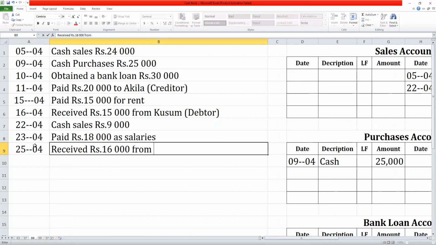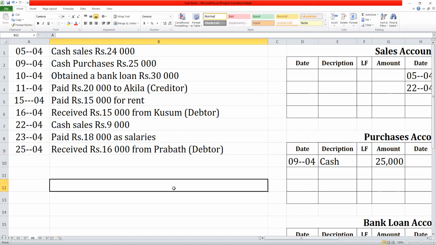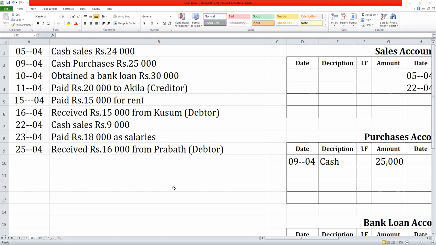What is the name? Prabhat, a debtor. Cash book is debited. Received rupees 16,000 from Prabhat, right? 16,000. Cash book is debited.